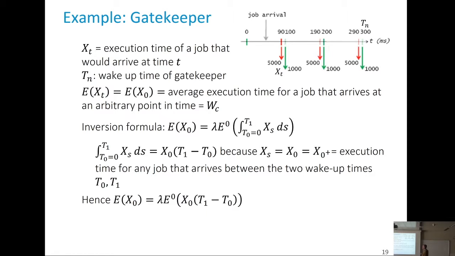The expectation of xt is for a job that arrives at an arbitrary point in time, versus the Palm expectation of x0, which would be, if I consider special events, the events not of job arrival, but the events at which a processor is made available for the job, which are the red or the green bars here.